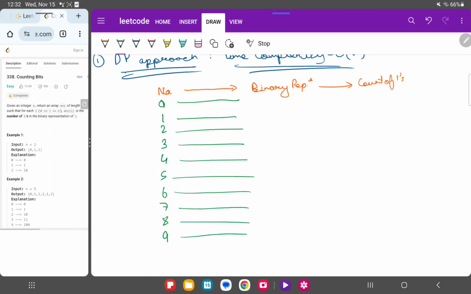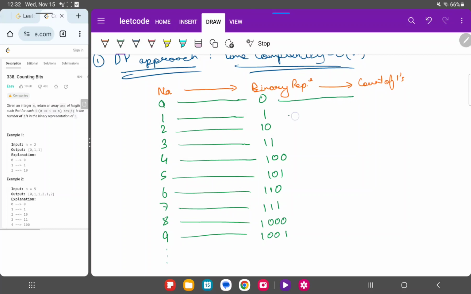The binary representation of 0, what is it? 0, right? Binary representation of 1 is 1. Binary representation of 2 is 1 0, 3 is 1 1, 4 is 1 0 0, 5 is 1 0 1, 6 is 1 1 0, 7 is 1 1 1, 8 is 1 0 0 0, 9 is 1 0 0 1, and so on and so forth.